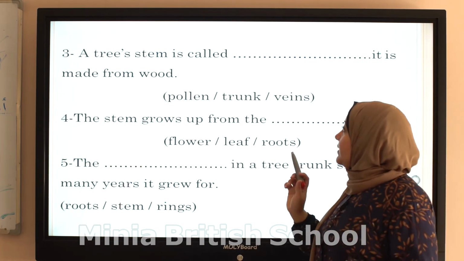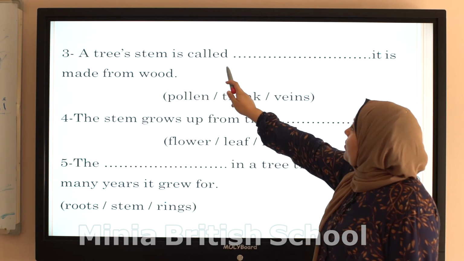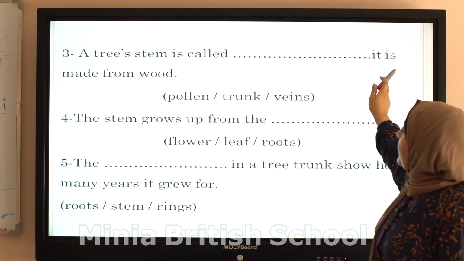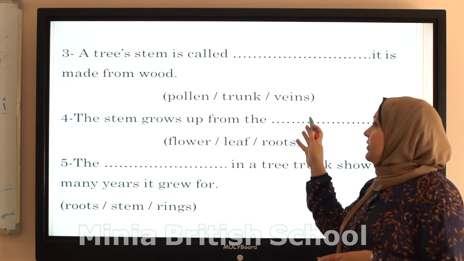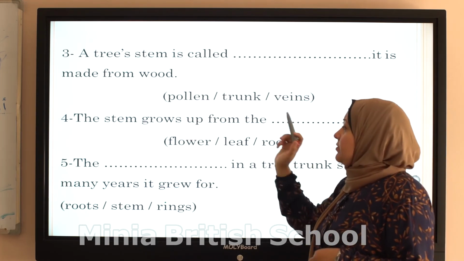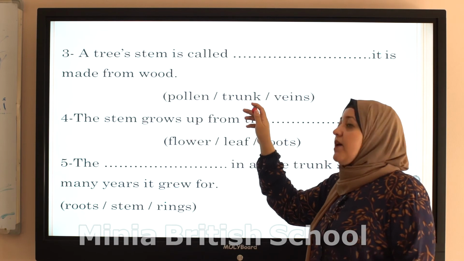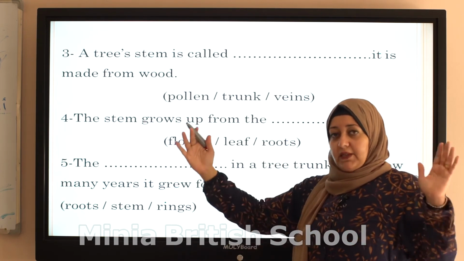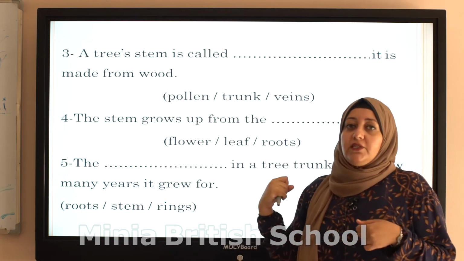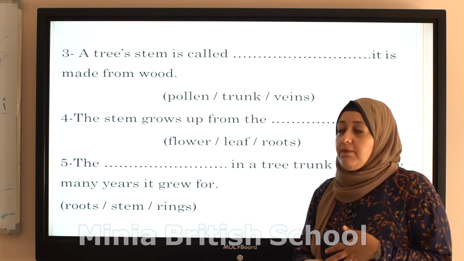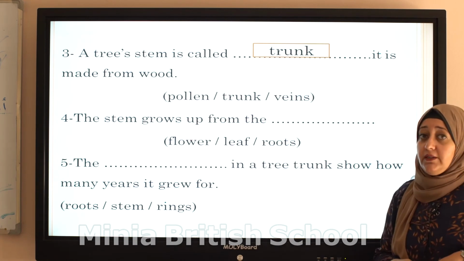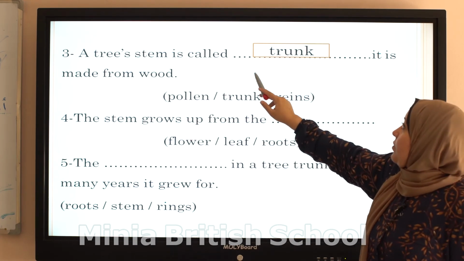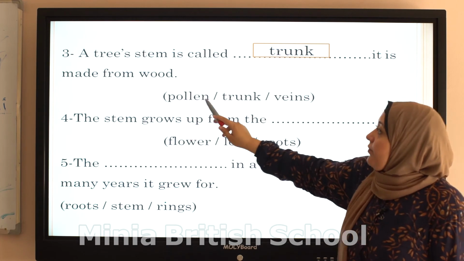Number three, a tree's stem is called space and it's made from wood. Is it called veins, pollen, or trunk? We said that it's big and made of wood and it's very, very strong. Which one of them? This is the trunk. A tree's stem is called trunk and it's made of wood.